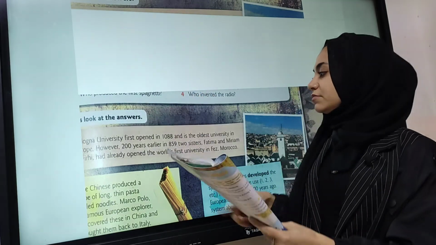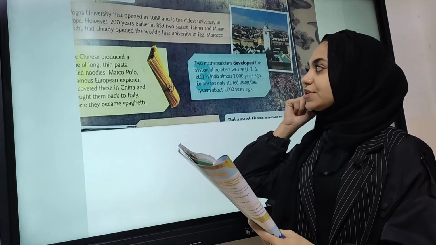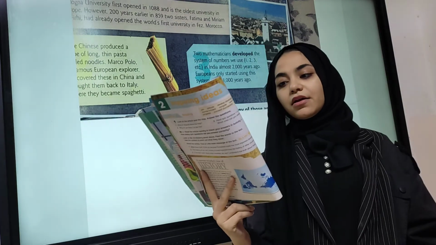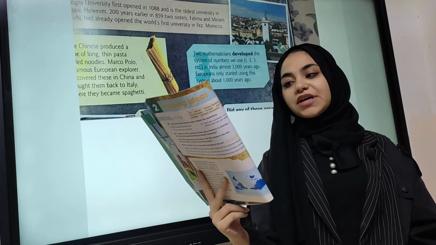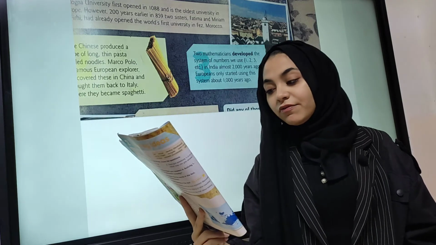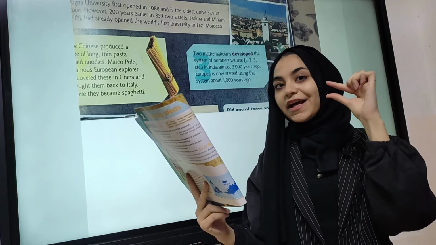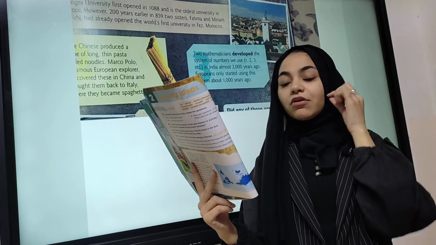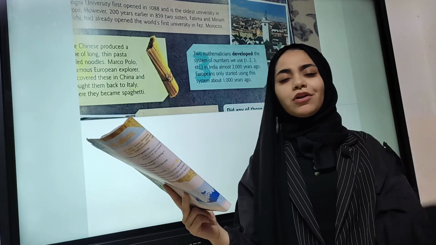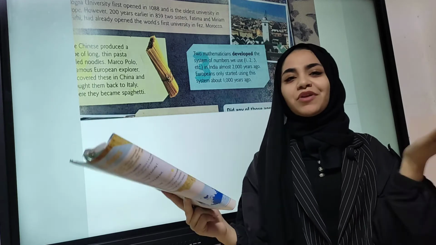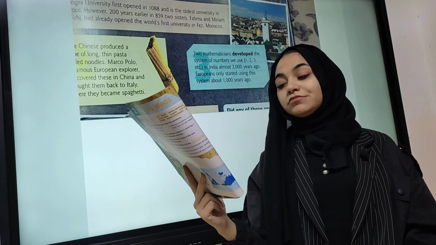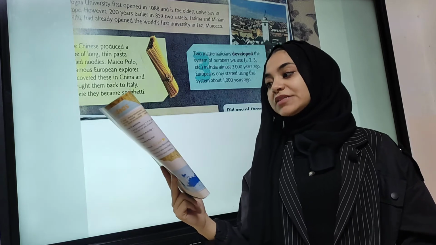Okay, so let's move to the third paragraph. The Chinese produced a type of long, thin pasta, called noodles in Chinese. All of you know the meaning of noodles, yeah? Marco Polo was a famous European explorer.